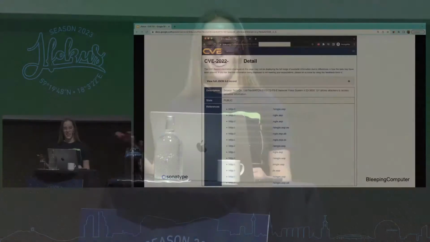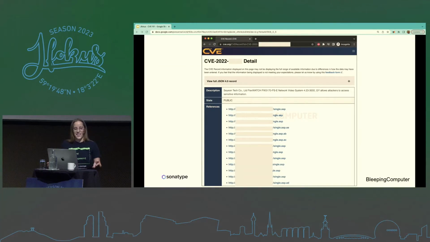And so this reporter, he went to the organization that had published this CVE, and he said, hey, I don't think this is right. Should you really be putting these organizations on blast? And they said, yeah, I don't know, we don't really have any rules against this and how we report a CVE.